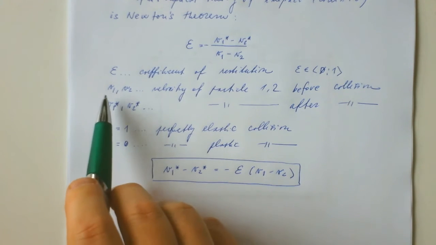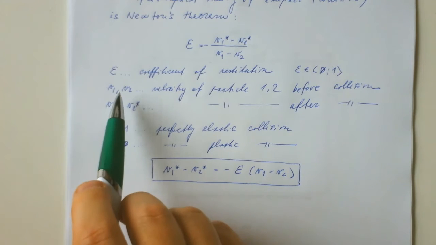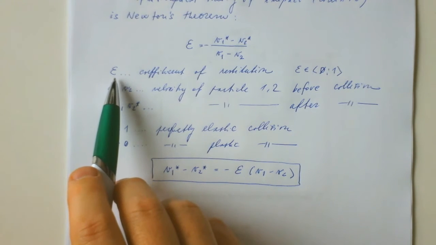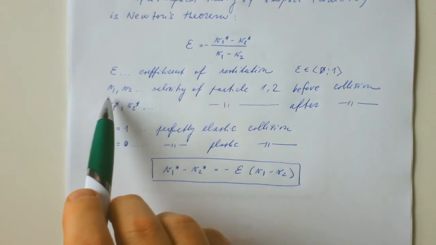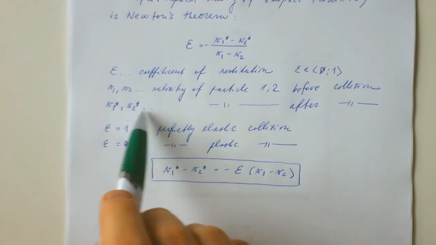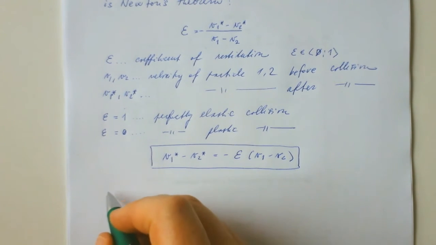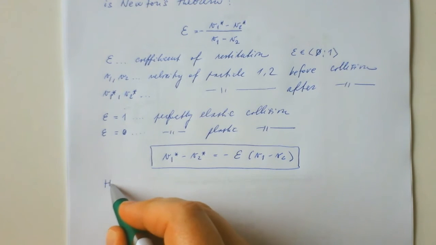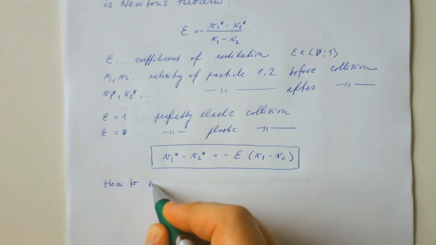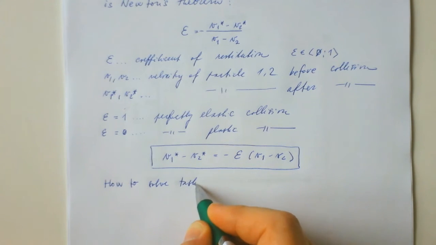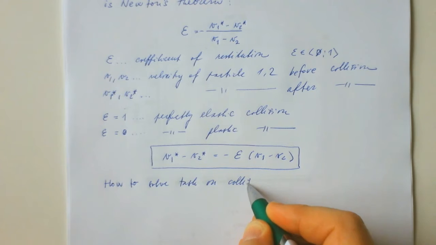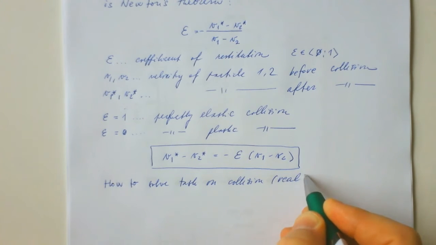Once we have velocities before collision and the coefficient of restitution is known, the only unknowns are v1, v2 after collision. But we have only one equation for two unknowns. So how do we solve a task on real collision?